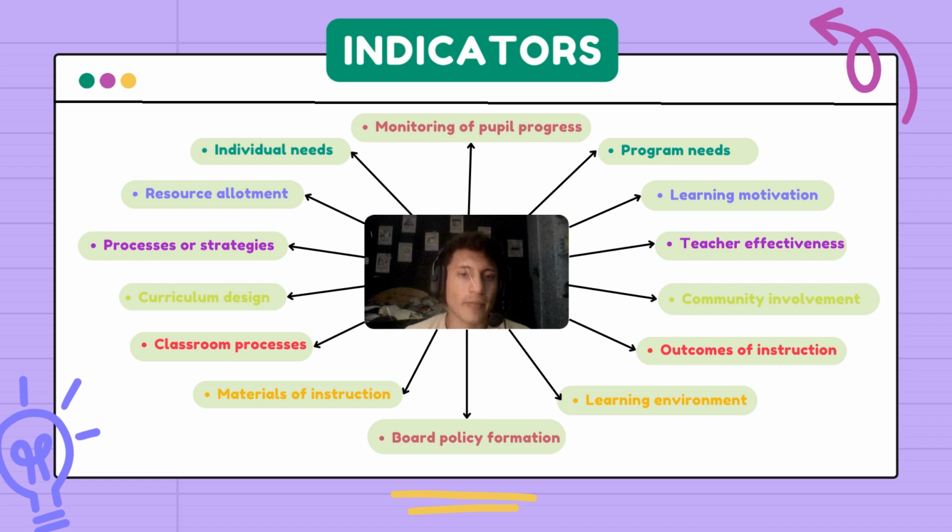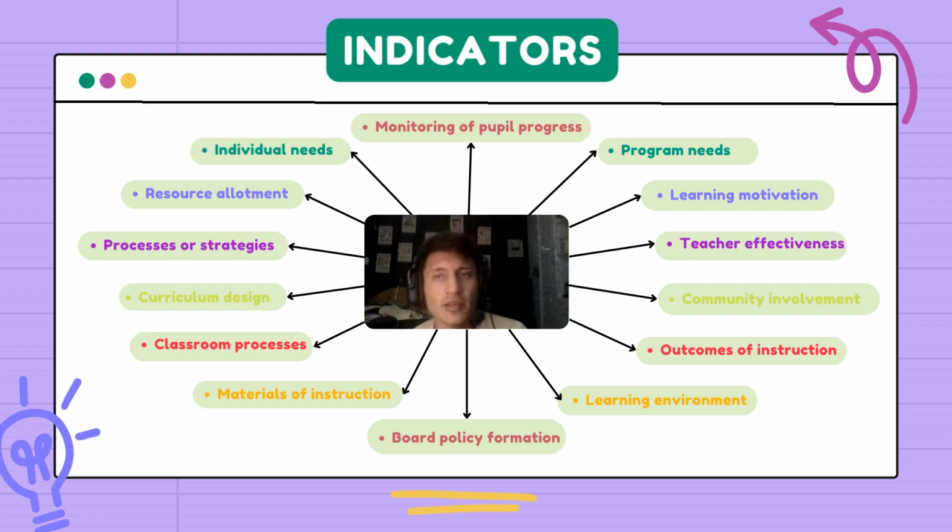So we have decision making. It means to provide insights about how well school staff, principal, teachers, and others make different types of decisions that result in learner benefits.